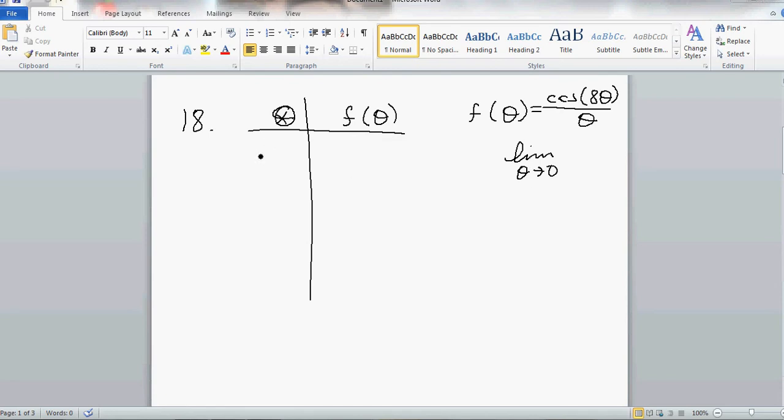So different values for theta would be negative 0.1, negative 0.01, negative 0.001, and then the positives of each one of those. And it's very important to realize that we do want this in radians. We don't want it in degrees.